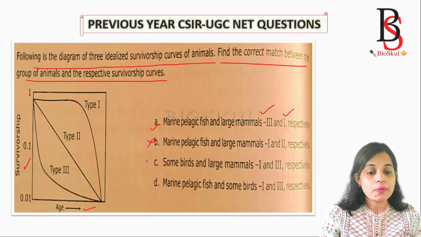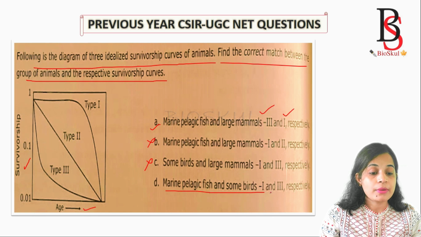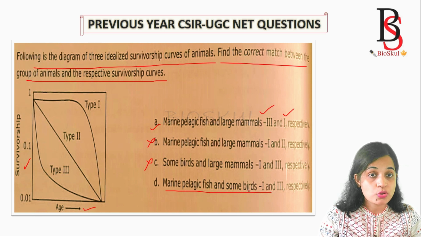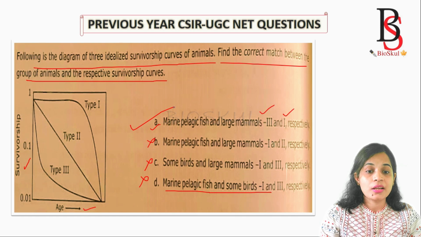So this one is also wrong. Let's see option D. Marine pelagic fish and some birds have 1 and 3 survivorship curve respectively. No, the marine pelagic fish has type 3 survivorship curve, whereas some birds have type 2. So this one is also wrong. So what is the correct answer? The correct answer is option A.